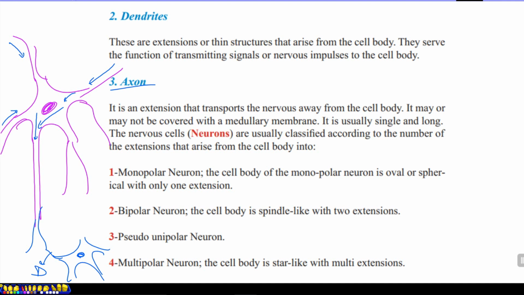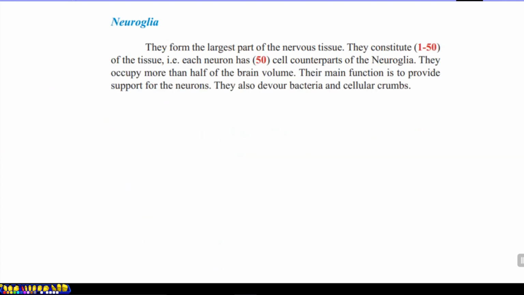Neurons are usually classified according to the number of extensions that arise from the cell body into monopolar neuron, bipolar neuron, pseudo-unipolar neuron, or multipolar neuron, and we study them on the picture.